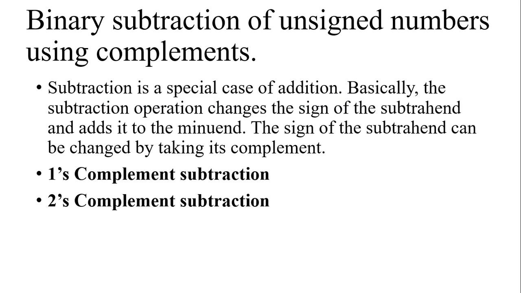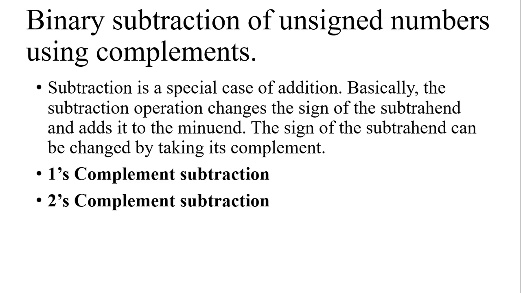Binary subtraction of unsigned numbers using complement. Subtraction is a special case of addition. Basically, the subtraction operation changes the sign of the subtrahend and adds it to the minuend. The sign of the subtrahend can be changed by taking its complement.